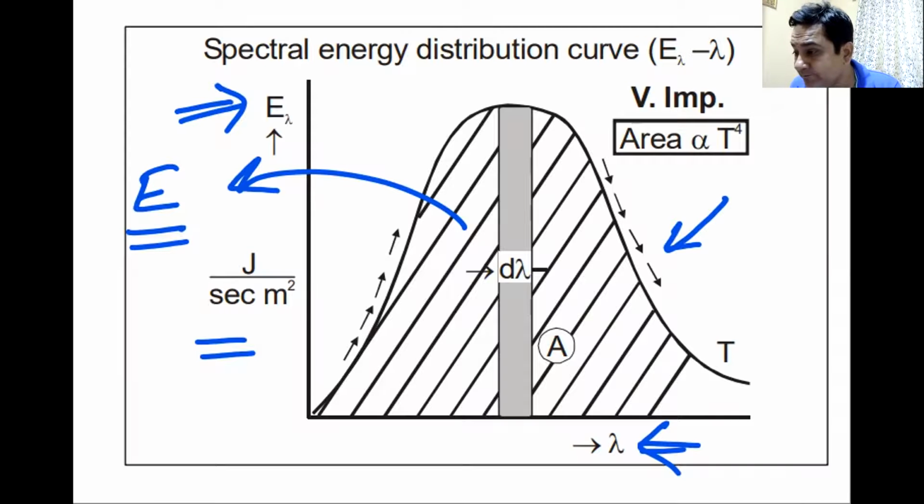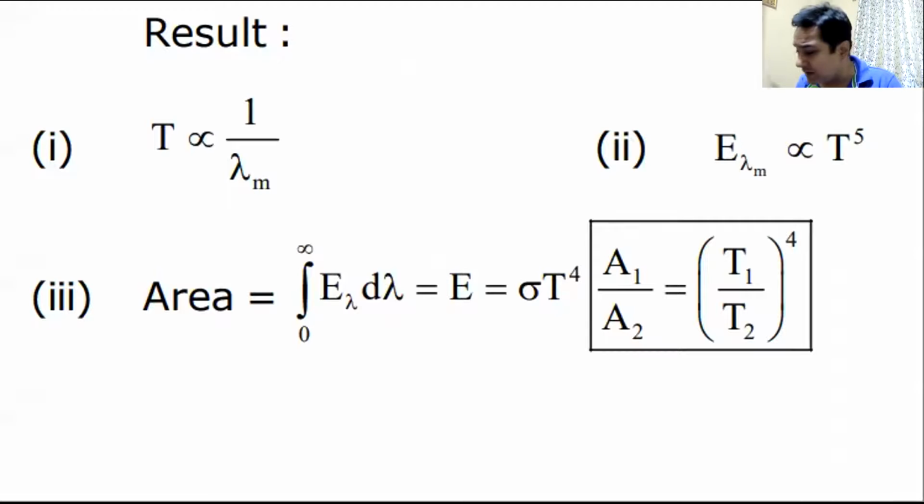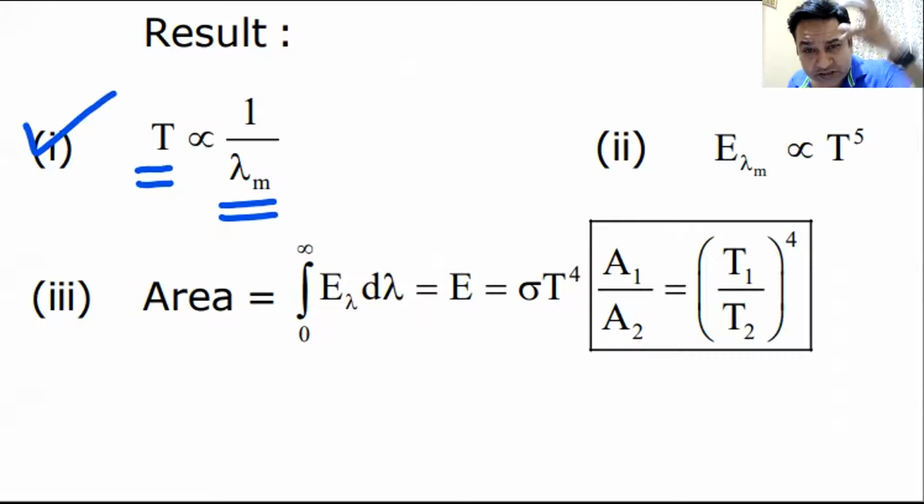Yes or no? Then from all these three graphs, what do we understand? That comes on the next slide: temperature T is inversely proportional to λ. That means when you increase the temperature, λ, which is the wavelength of radiation with maximum energy, decreases. Do we understand this? Point number one.